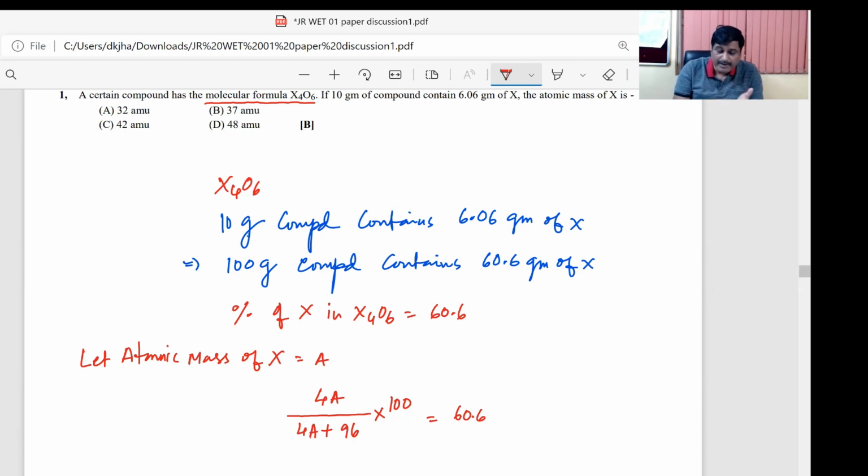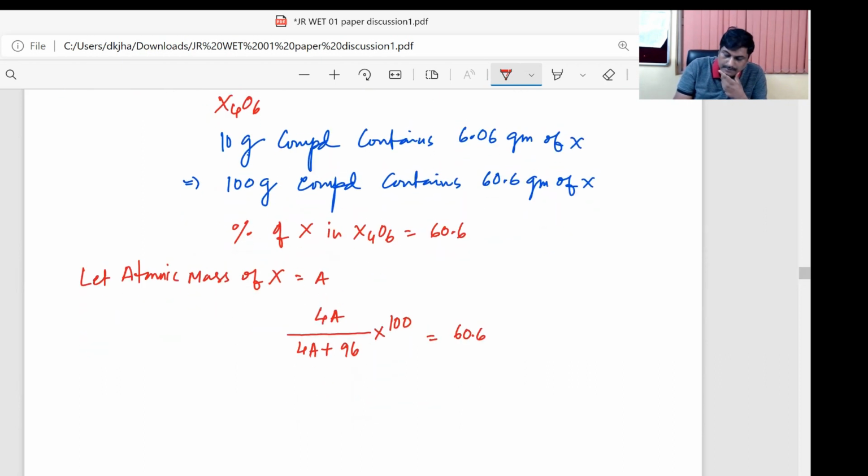Clear? You can find here the A. So how will you find it? 4A into 100 is equal to 60.6 into 4A plus 96 into 60.6. Is it correct now?